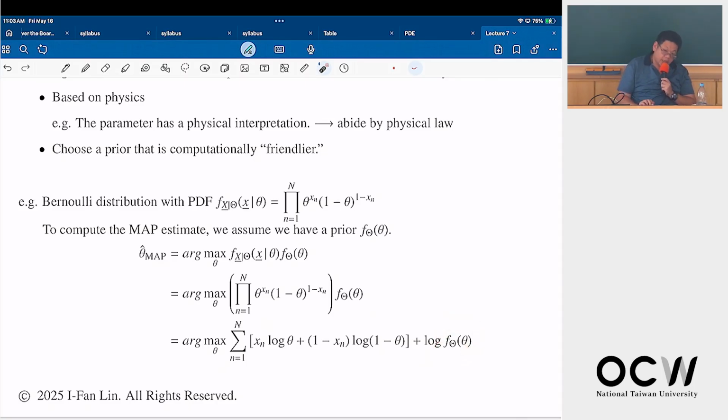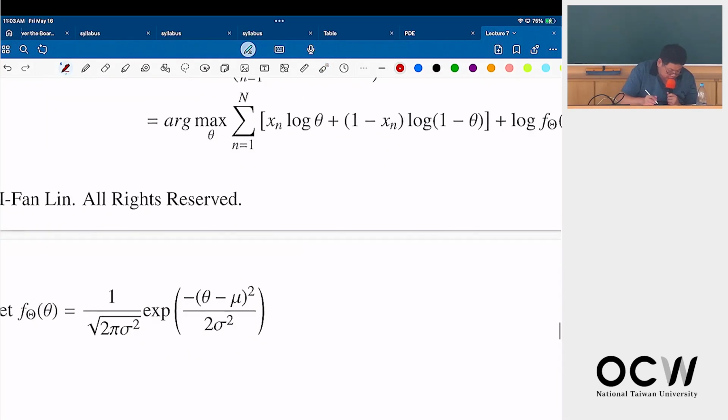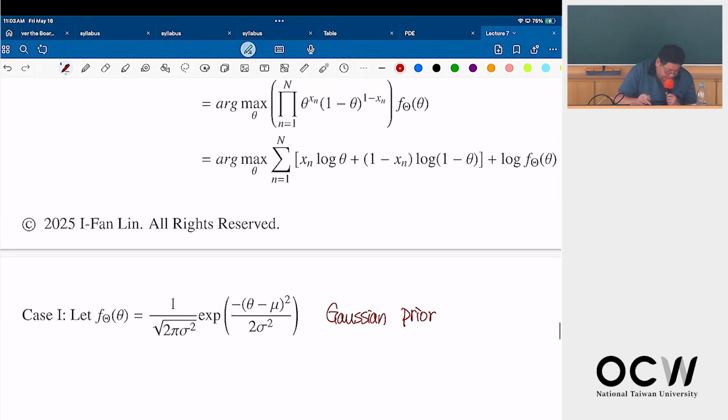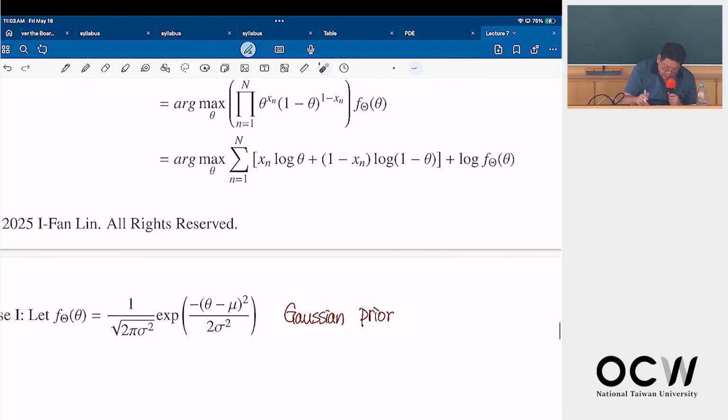So first, let's assume that the prior is Gaussian. Then what happens to this one? If I take the log, then I only need to care about the exponent.